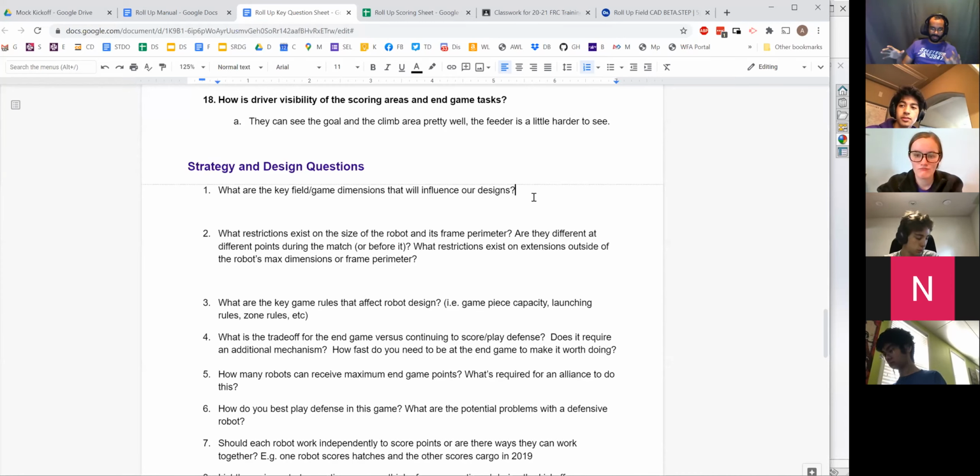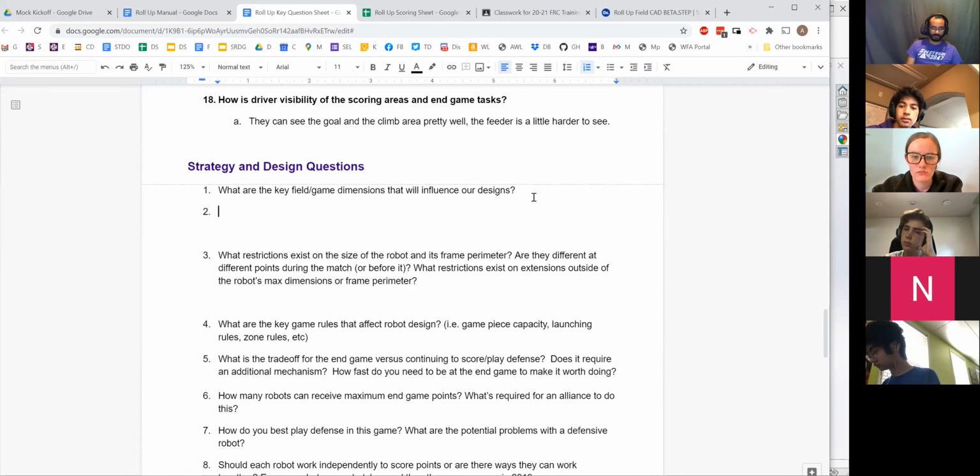So with all of that, what are some of the field and game dimensions, elements that are going to be important to our design goal? What things are we going to reference if we're sketching? What are those things that we're going to be sketching regularly to work on? Okay, this exists, and part of our robot has to do this to interact with it.